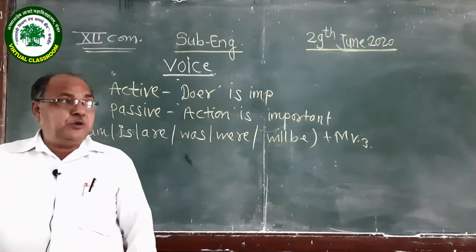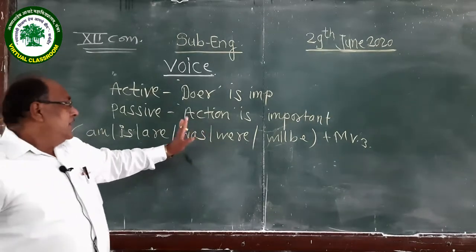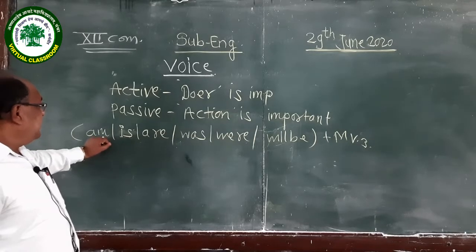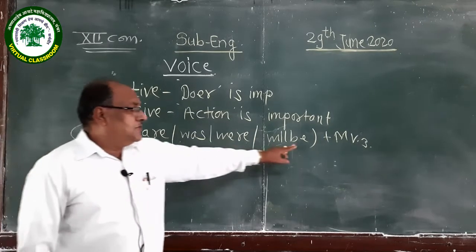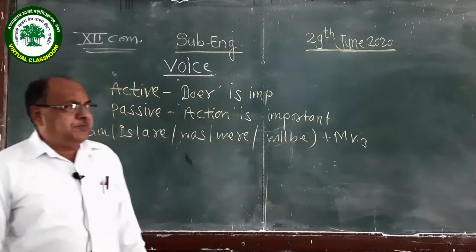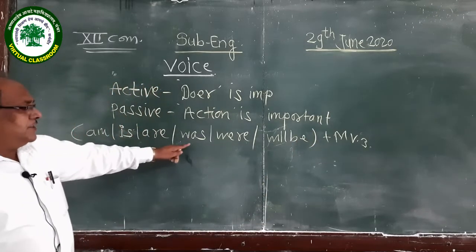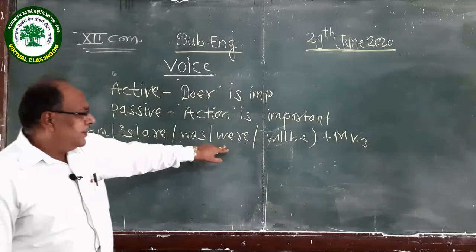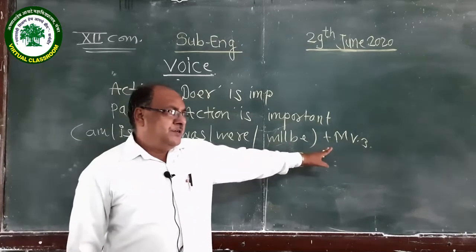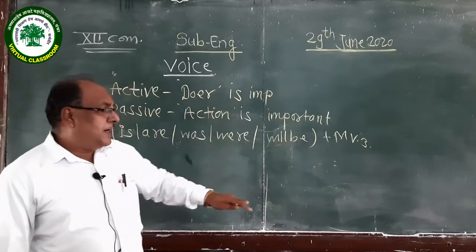Once again, I repeat the rule. If the sentence is given in a simple present tense, a form of to be should be used: am, is, are, and then use MV3, the past participle of the verb. Or if the sentence is given in a simple past tense, while transforming into passive form, use was, were, and then use MV3, the past participle of the verb.